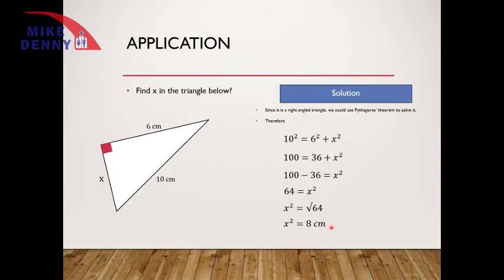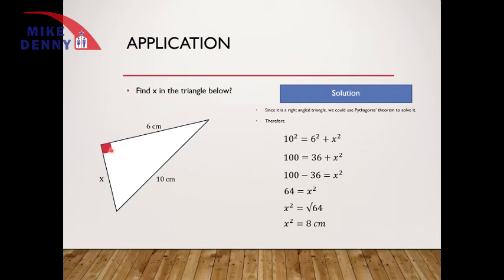We move to the next application exercise. Find x in the triangle below. This is a triangle, and again the square indicates there is a right angle. Once you notice this square here, you should know that the triangle is a right-angled triangle, and you can apply Pythagoras' theorem.